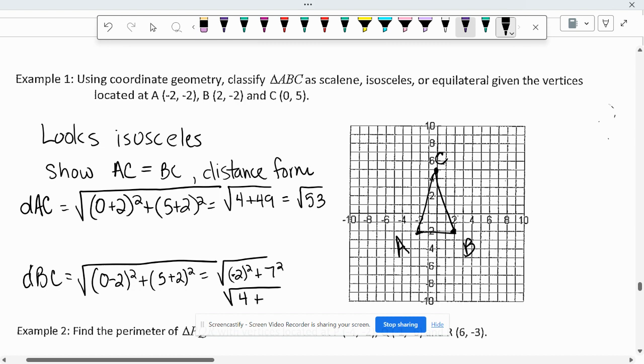And 7 squared is 49. So do they have the same measure? Triangle ABC is isosceles.